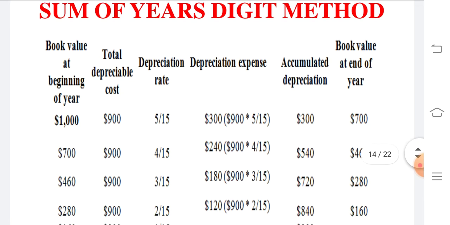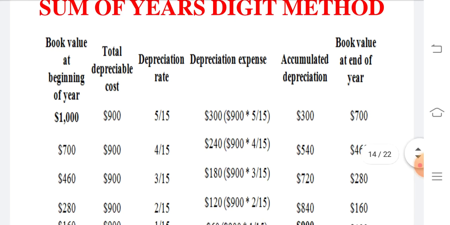See here, the book value at the beginning of the first year is 1000 rupees. The total depreciable cost is the difference between the book value at the starting of the calculation and the salvage value. So 1000 rupees minus 100 rupees salvage value gives a total depreciation for the entire lifetime period of 900 rupees.